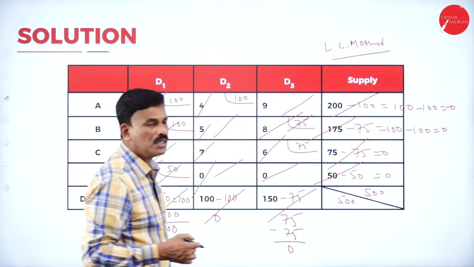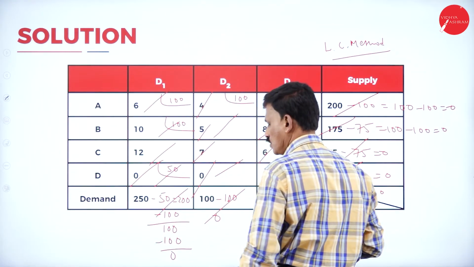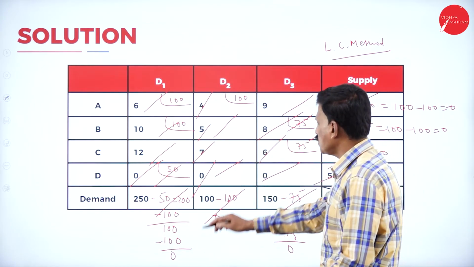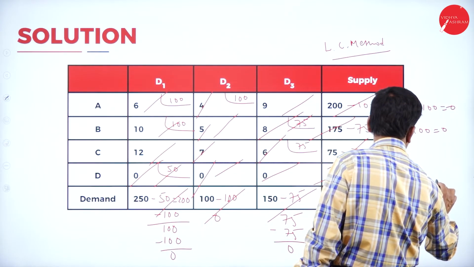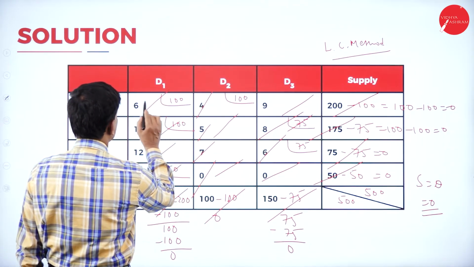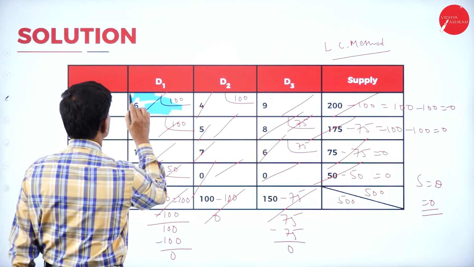Now just find out the solution part. Since the supply and the demand are 0, let me find out where we are going to get the solution.